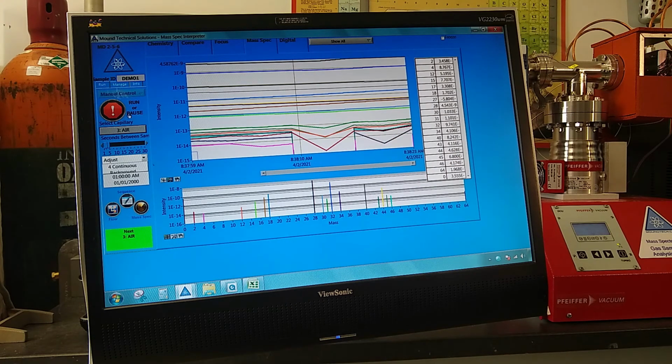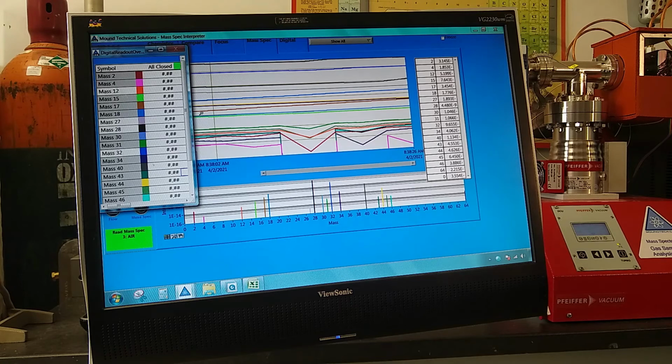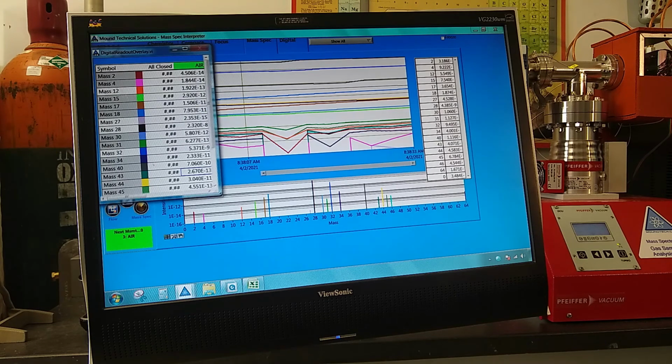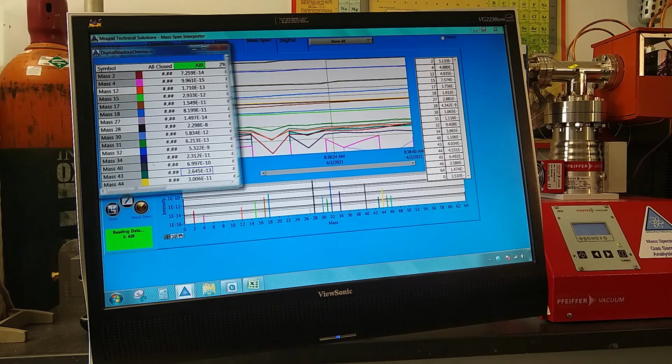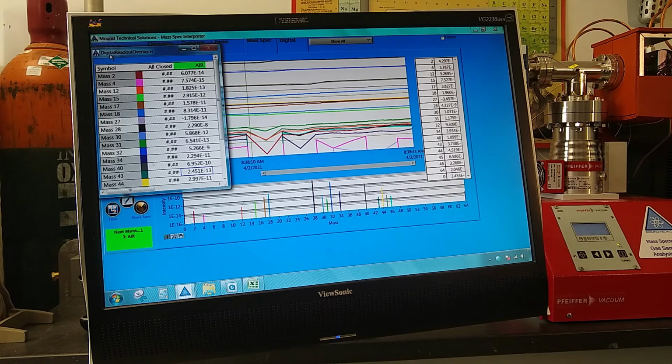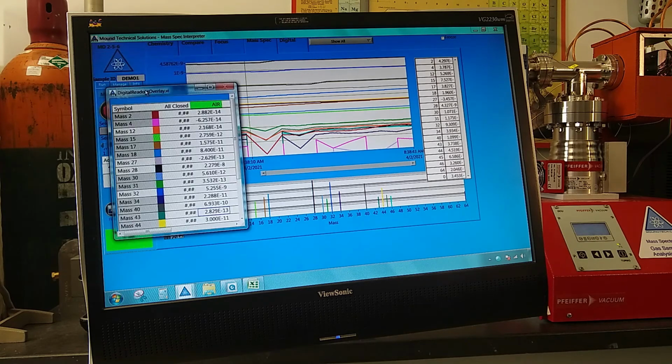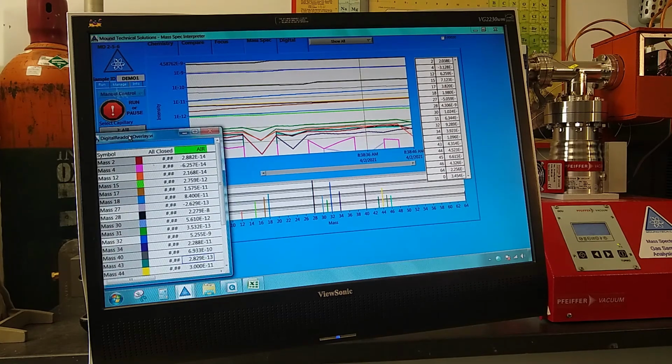So we can open up a digital window here for you, and this should make it a little bit easier for us to see what's going on here. There we go.